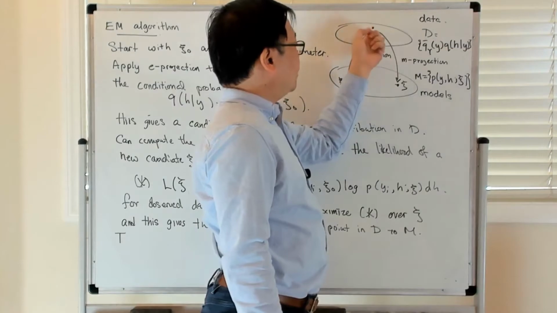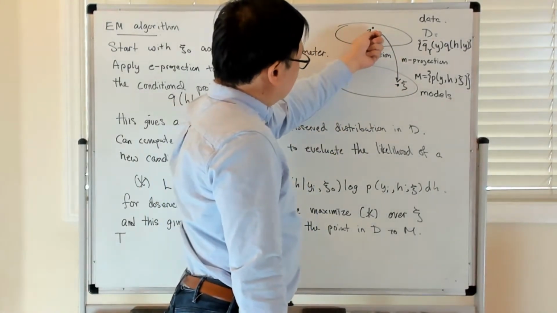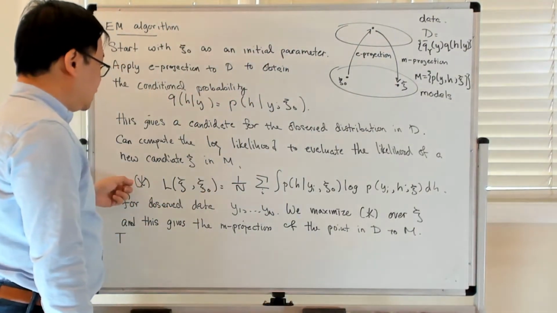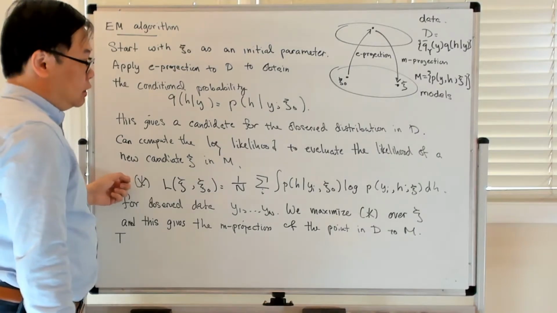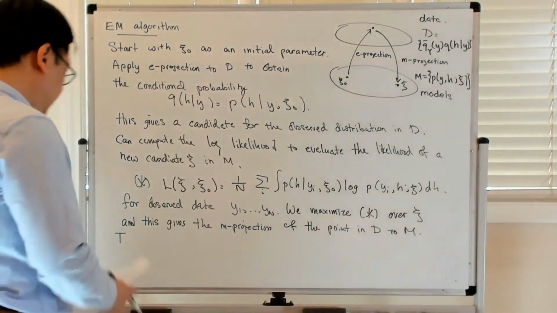And that gives me a point on the data manifold. And then in order to project using M projection back onto the model space, I maximize this log likelihood function over the point C, and then the cycle repeats itself.